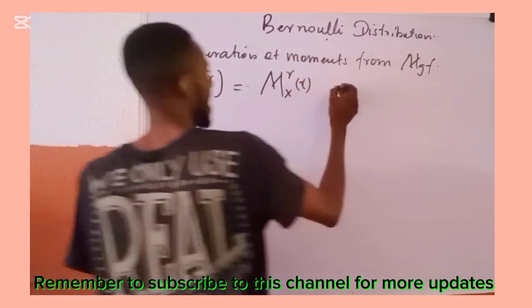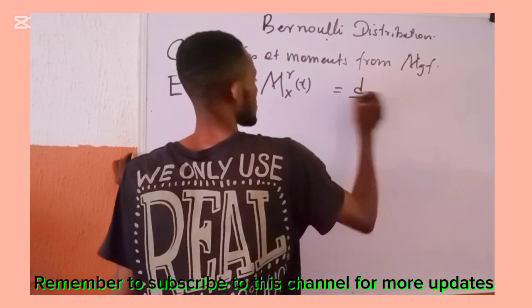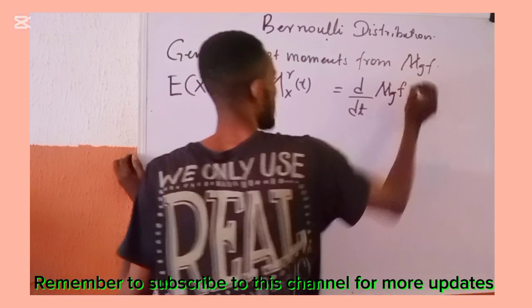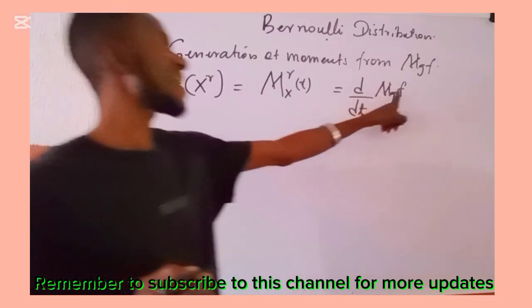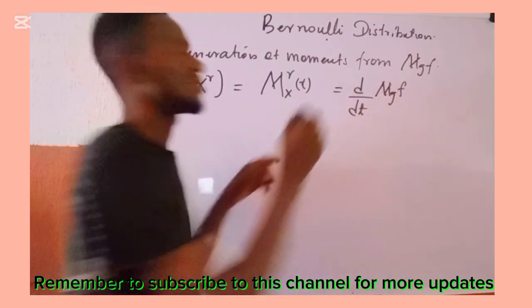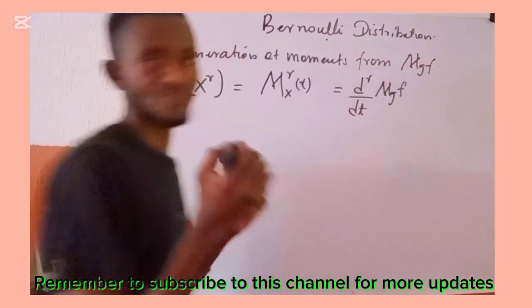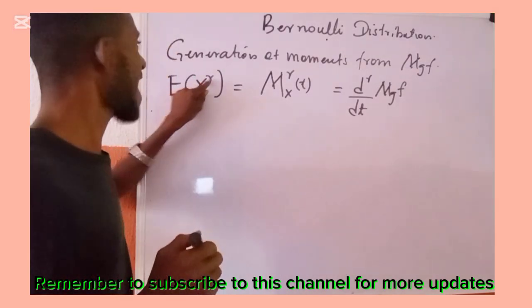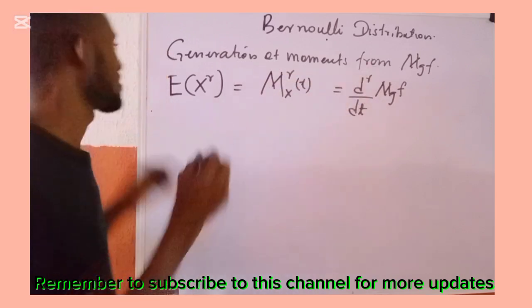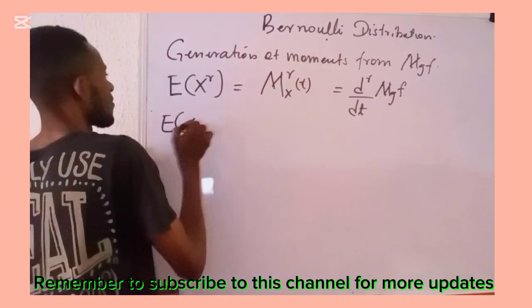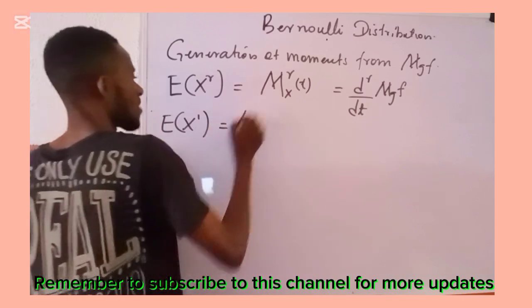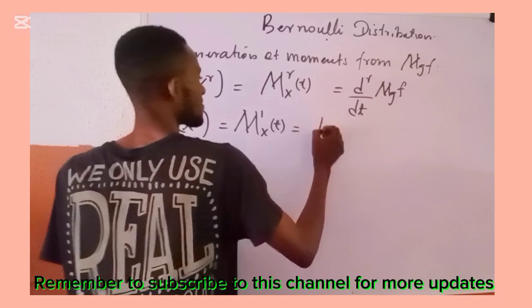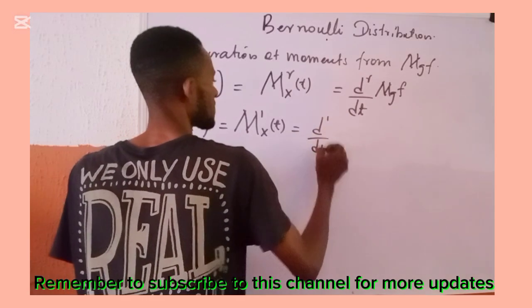Now this thing is the same thing as someone saying d dt of the MGF, differentiating the MGF with respect to t, r times. But this time around, we are talking about the first moment. So anywhere I see r, it becomes 1. So we now have E of x raised to power 1, which is equal to M of x of t raised to power 1, which is d of 1, dt.